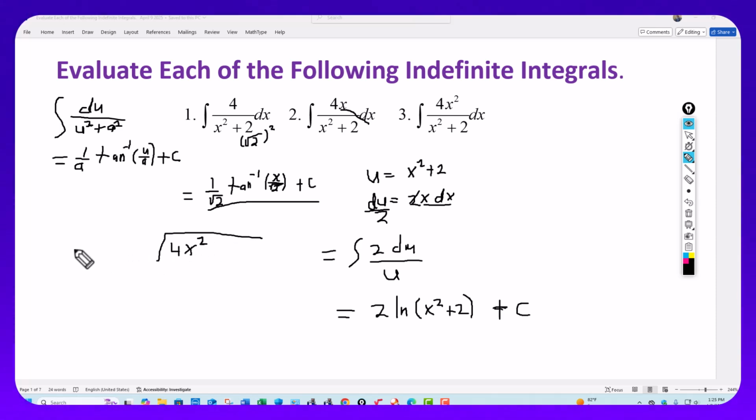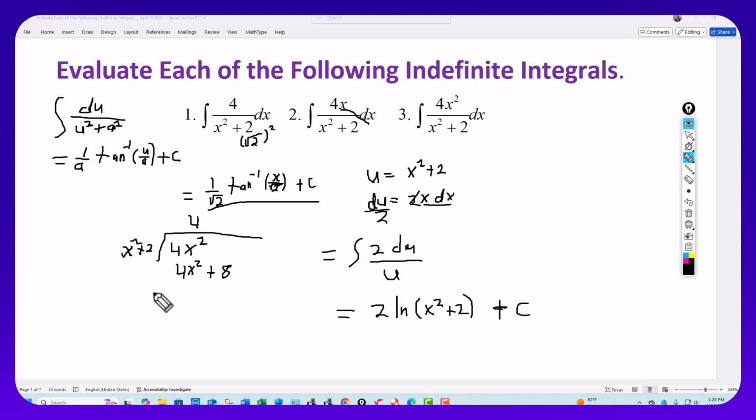So 4x squared is divided by x squared plus 2. x squared into 4x squared gives me 4. And we multiply, 4 times the divisor, so we get 4x squared here. 4 times 2 is 8.